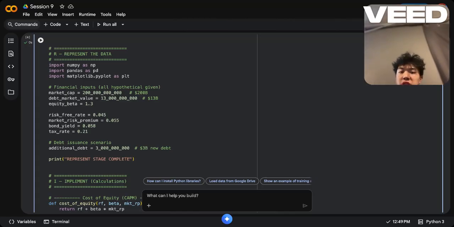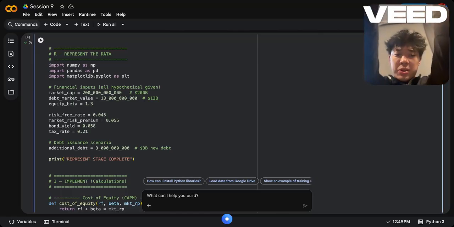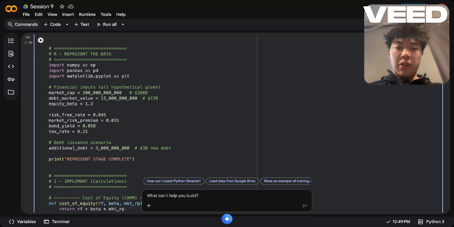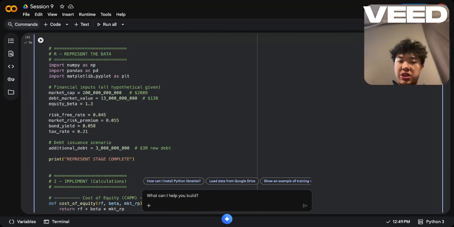And for the market conditions, I used a 4.5% risk-free rate and a market risk premium of 5.5%. All of those got fed into the notebook, so the calculations ran clearly.